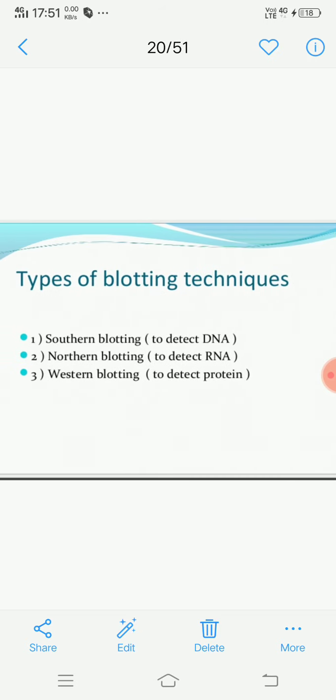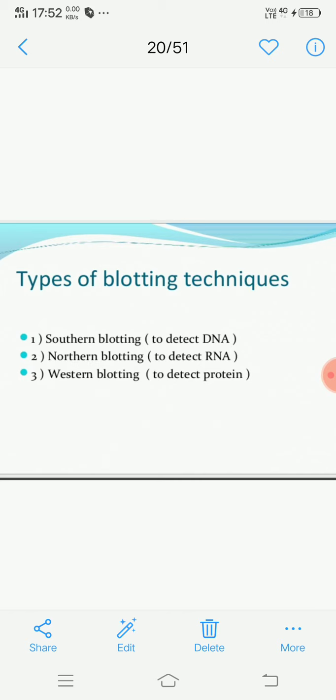There are different types of blotting technique. In your syllabus only 3 types are mentioned, but there are 4 or more types of blotting techniques. First one is the southern blotting.